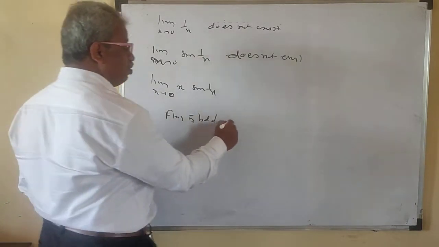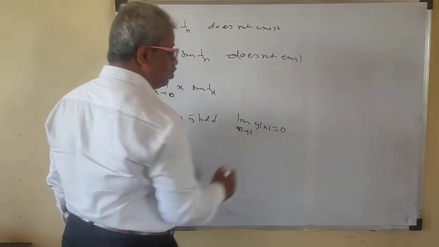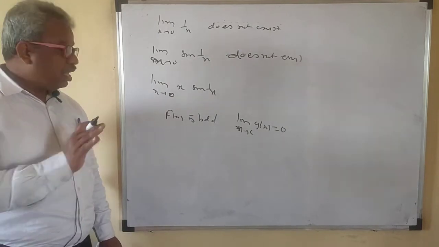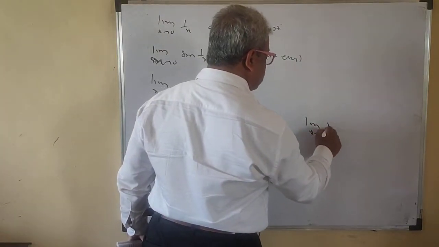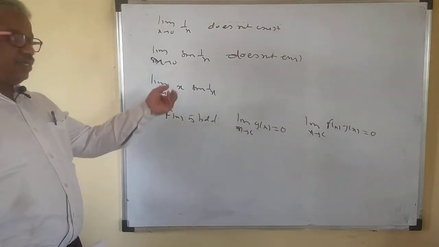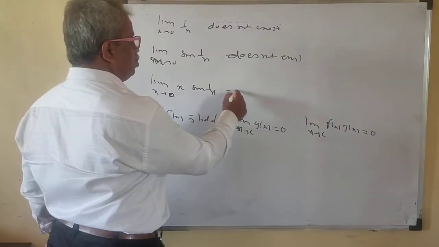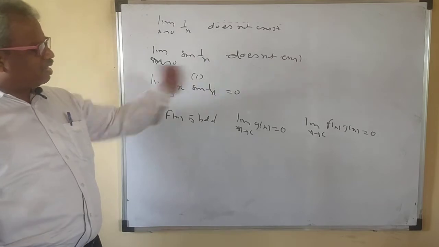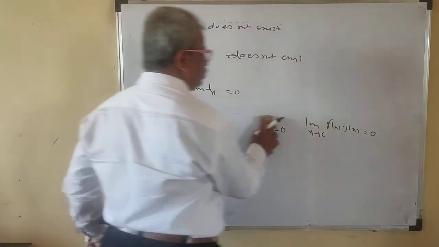So if f of x is bounded and limit x tends to c, g of x is equal to 0, that means the limit of one function is 0 and the other function is bounded, then limit x tends to c, f of x into g of x is 0. Similarly, here you can write cos also, whatever cos of 1 by x square, that limit will be 0.